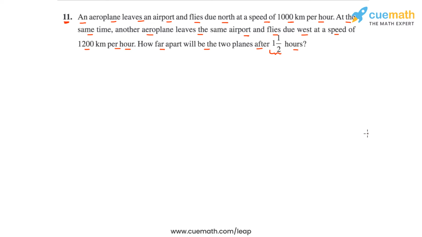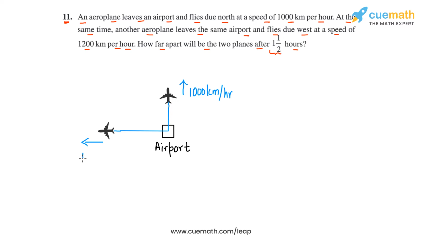So let's start by drawing a figure for the given information. Here's a rough sketch that I have drawn of an airport and two planes leaving the airport at the same time. One plane is going north at 1000 kilometers per hour and another plane is going west at 1200 kilometers per hour.